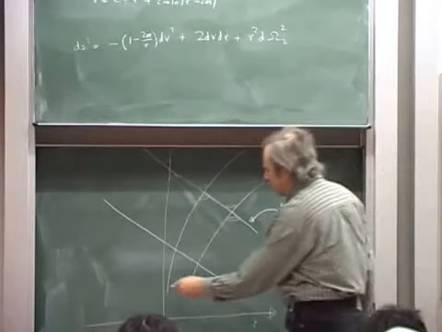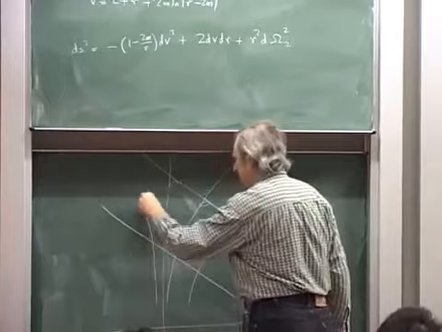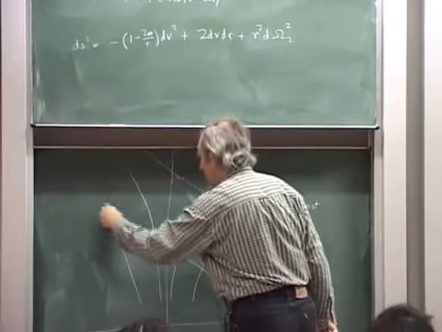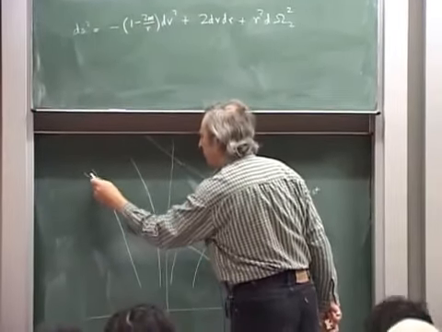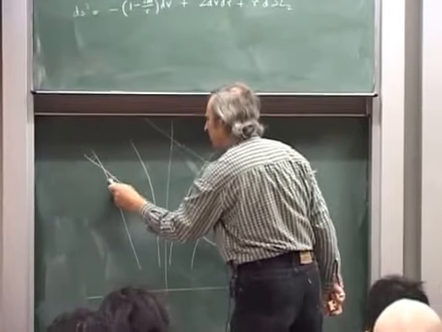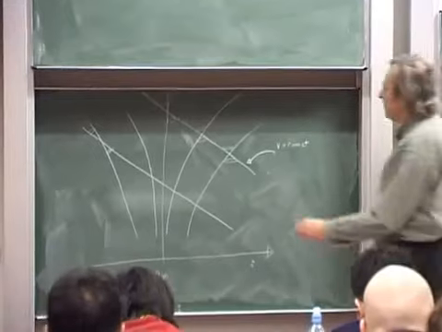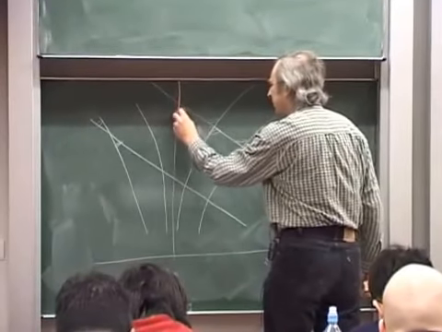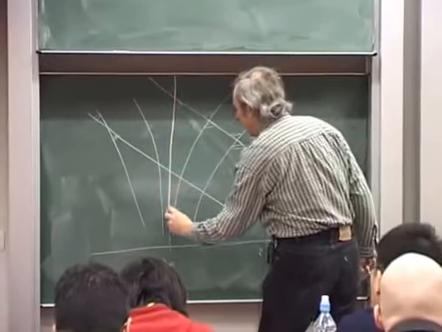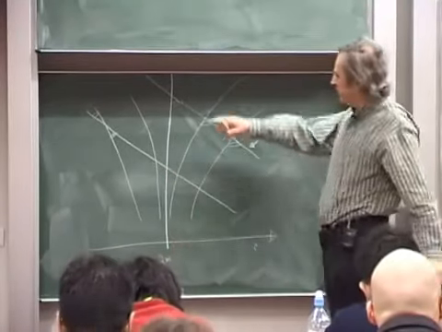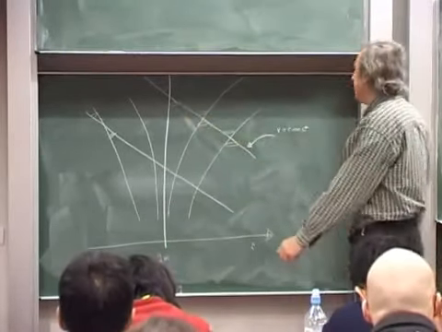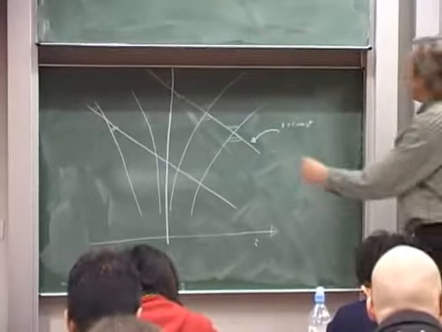And then over in this region, you are forced to move inwards. So this surface r equals 2m is the boundary of a region that cannot be probed from outside. So this too is a horizon.